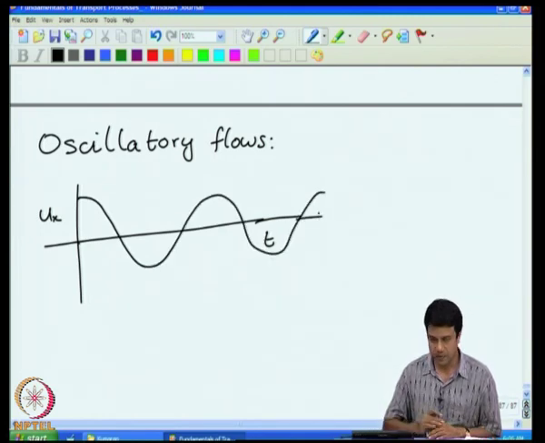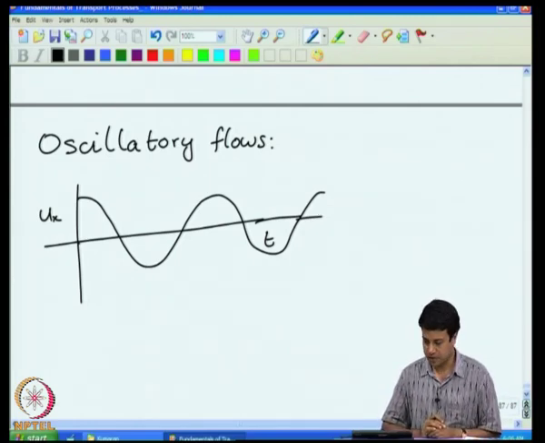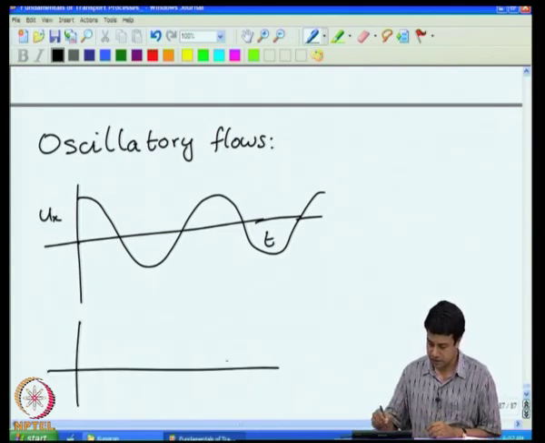Okay, sine function will be exactly displaced by pi by 2, but what we solved for was a cos function. One could have a forcing which is not exactly a sine function or a cos function. Okay. For example, one could have a forcing that looks something like that.